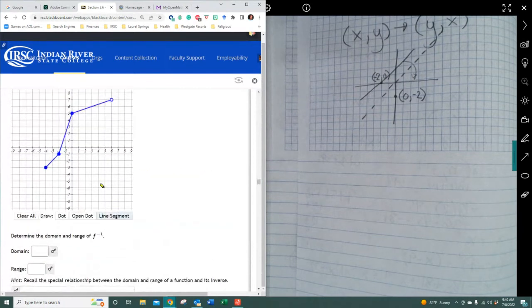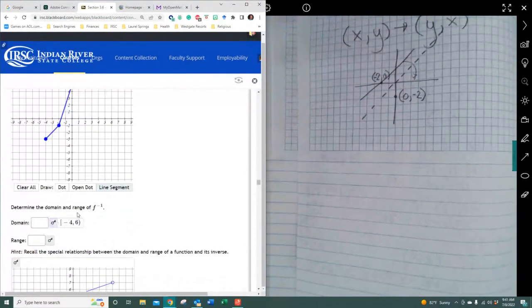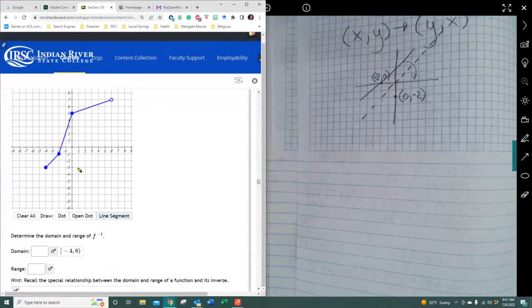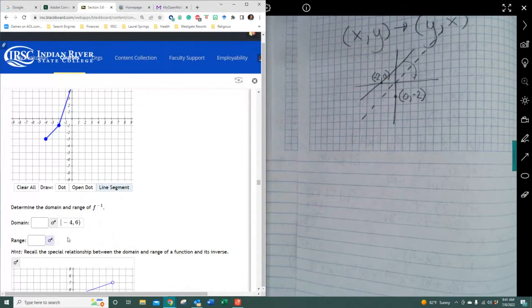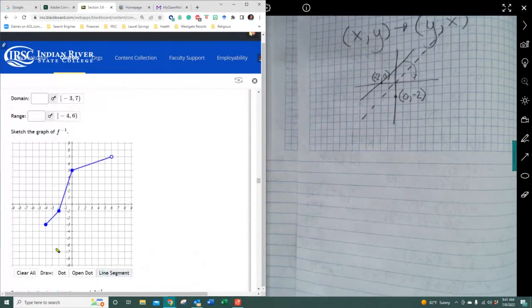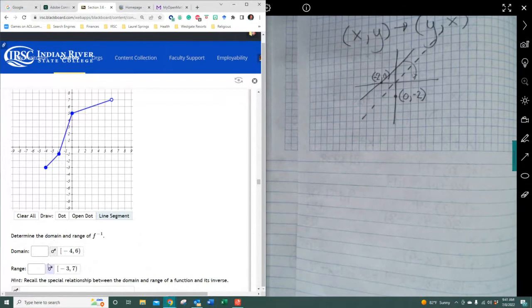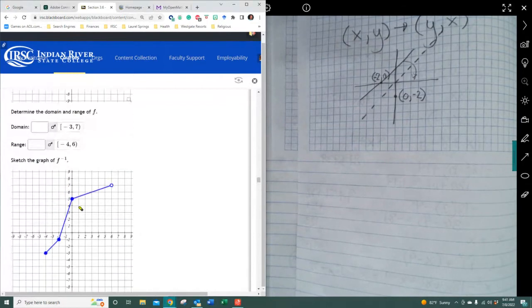Now the domain would be from -4 to 6, exclusive of the 6, and then the range would go from -3 up to 7. Take note of these two value systems and see how they're different from this one.